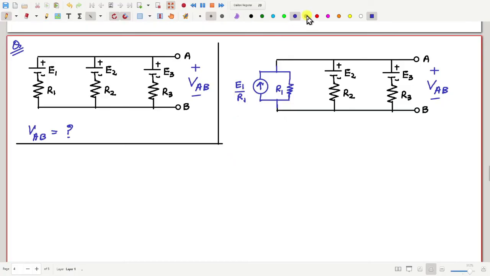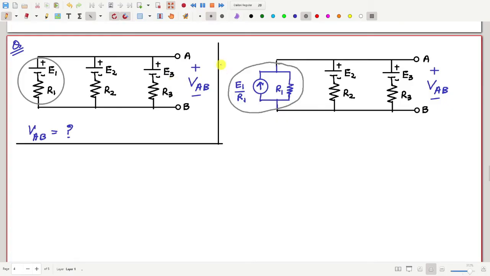And if so, then you see that this part inside the circle and this part, they are equivalent. If they are equivalent, that means in the circuit outside the circle, nothing is changed. Inside the circle, of course, I have changed it, but outside nothing is changed. So therefore, the voltage VAB is also same as that in the original circuit.